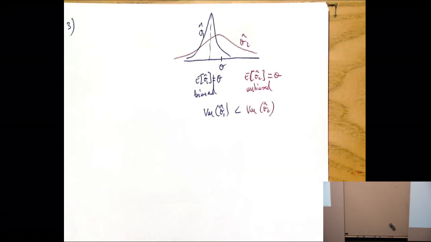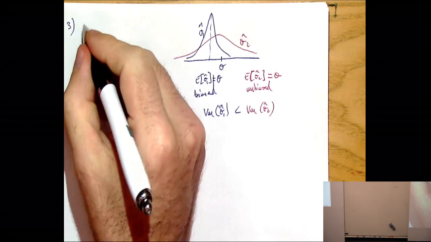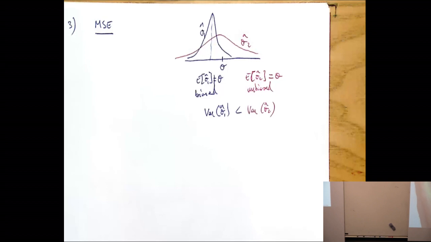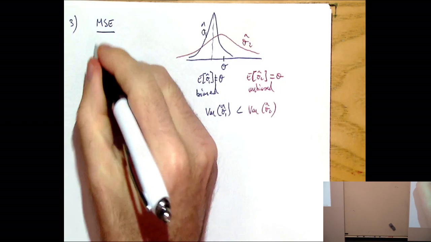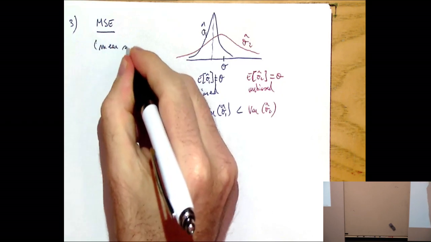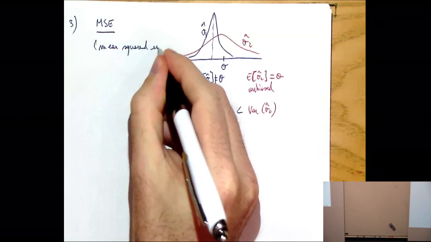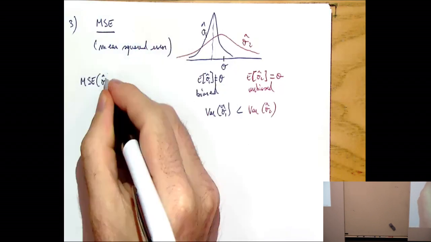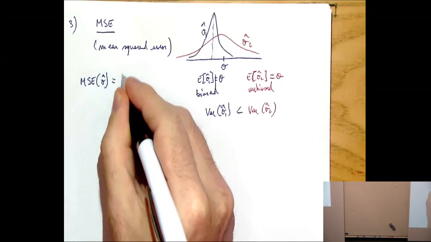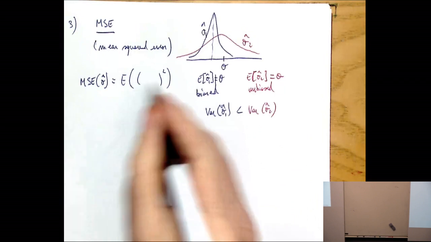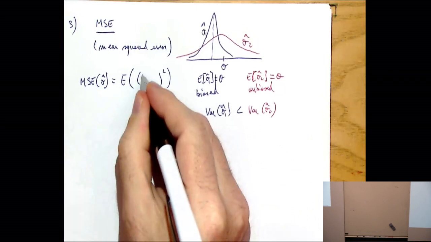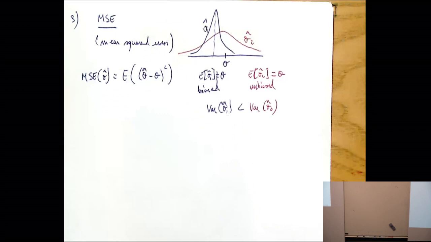Well, what we can do is to introduce the notion of mean square error, so MSE. How do you define the mean square error? The mean square error of a certain estimator theta hat is given by the expectation of the square of the difference between that estimator and theta, right?